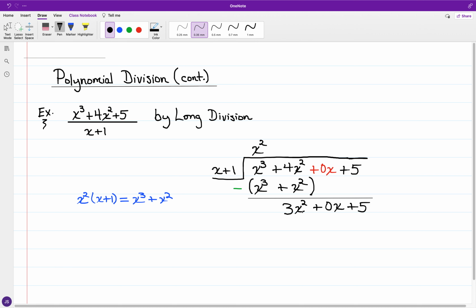So going through the process again, you have x into 3x squared, or 3x squared divided by x, and that is going to become 3x. Distributing 3x over all of x plus 1, we're going to have 3x squared plus 3x, and this is carried over.